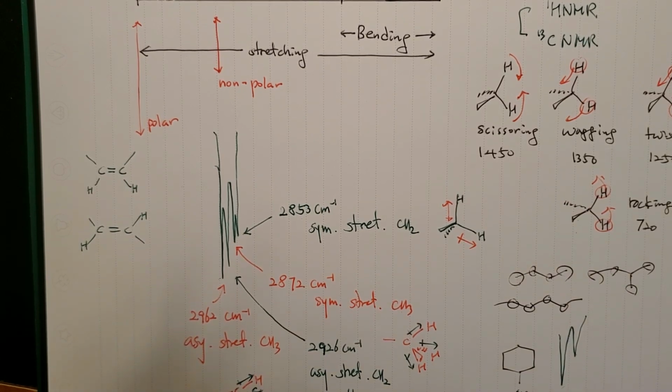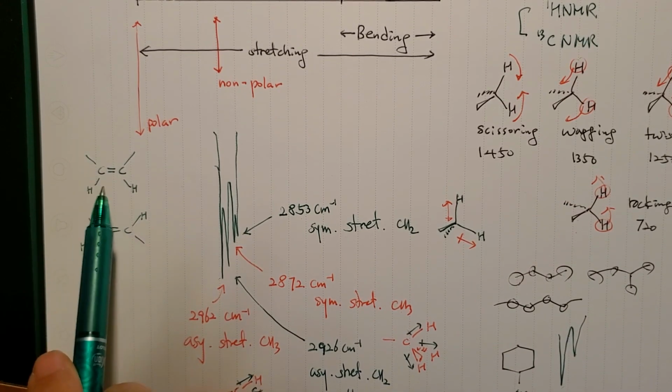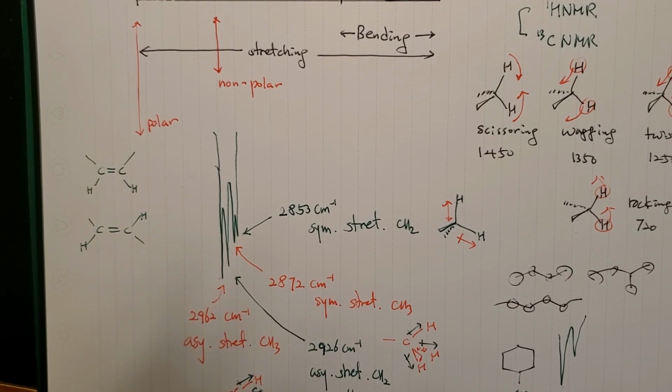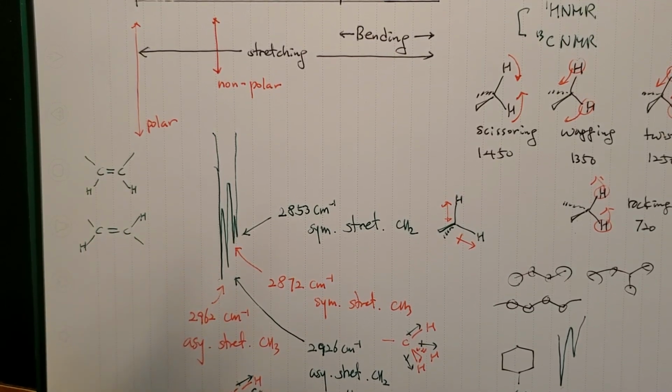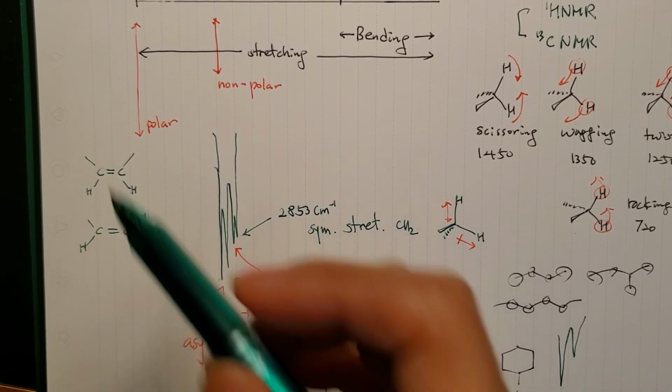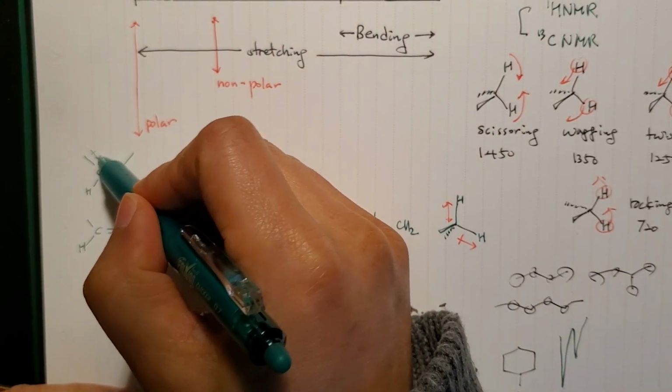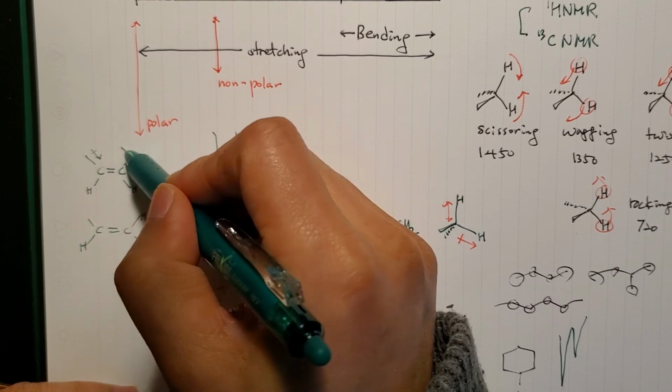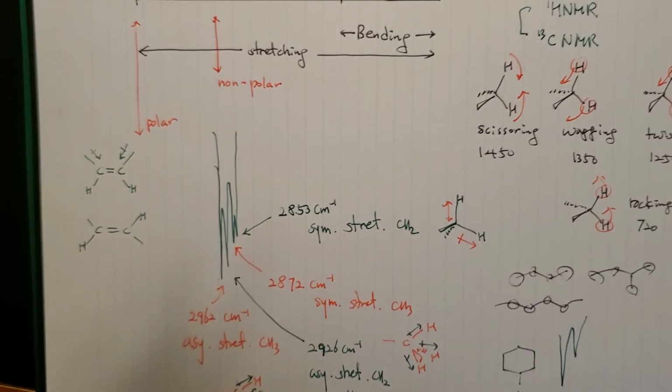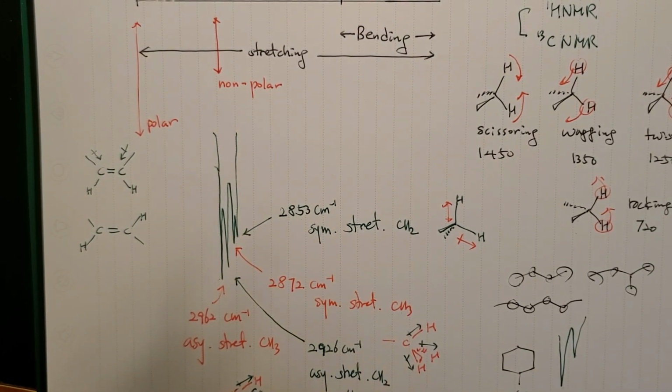Then we know when we have sp2 carbon, alkene for example, you could have a cis isomer and a trans isomer. And as you know, there is a dipole coming from the sp3 carbon to the sp2 carbon. So overall, the cis molecule is more polar.